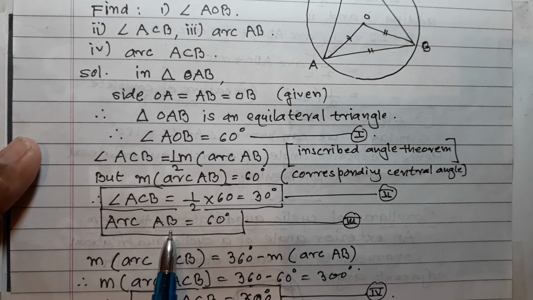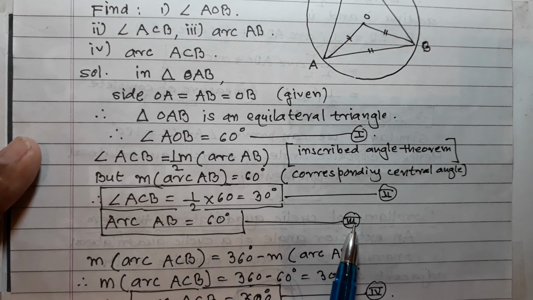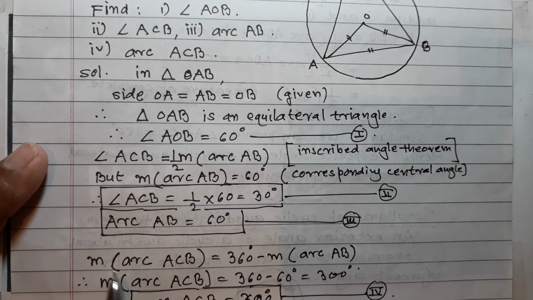Measure arc AB is equal to 60 degrees. Measure arc ACB is equal to 360 minus measure arc AB, and therefore measure arc ACB is equal to 360 minus 60, which is equal to 300.